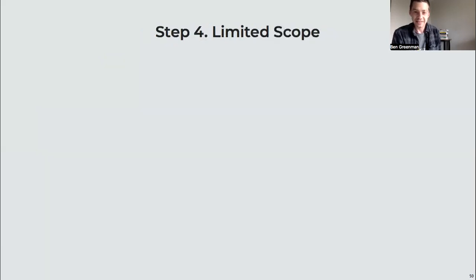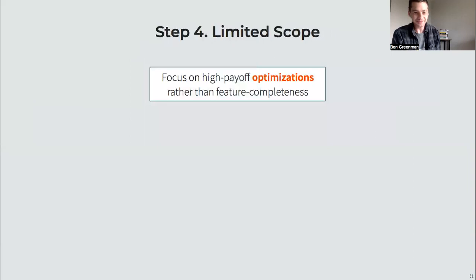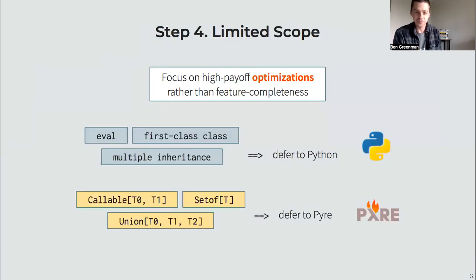And then finally, static Python takes a limited scope. It is not the final type system for the Python world. Again, the focus is on what types drive optimizations. The focus is not on having a complete type system that covers every corner. So in particular, some behaviors do not get predictions from the type system.